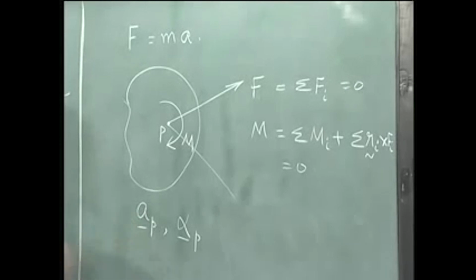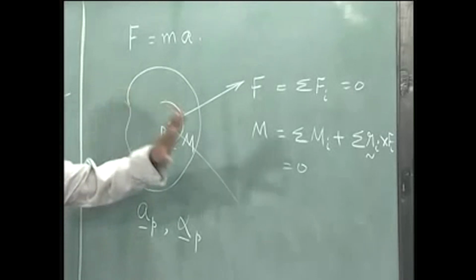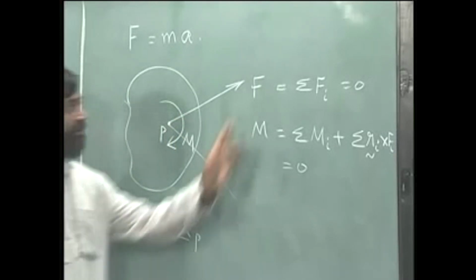Looks simple, but there are many other derivations that are involved in order to arrive at this particular thing. So let us just move on and write down, this is no more valid.